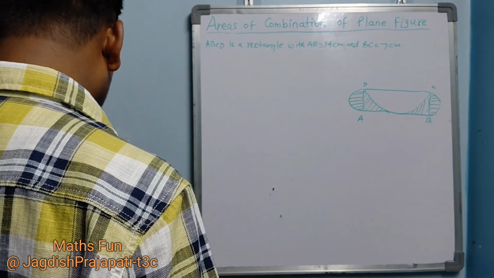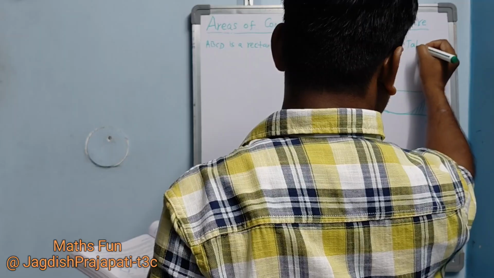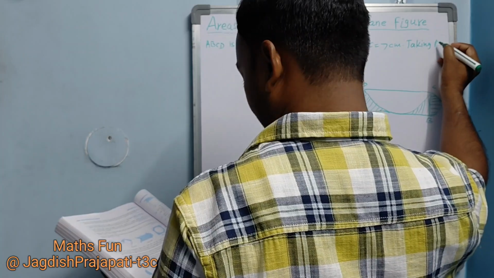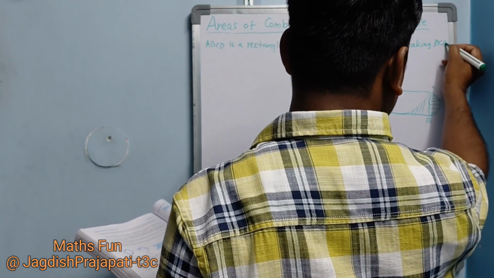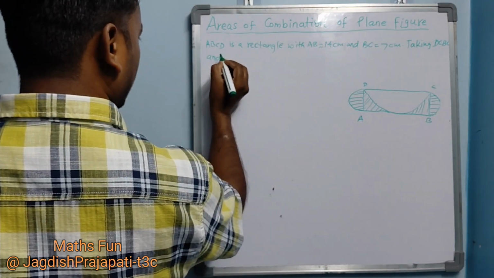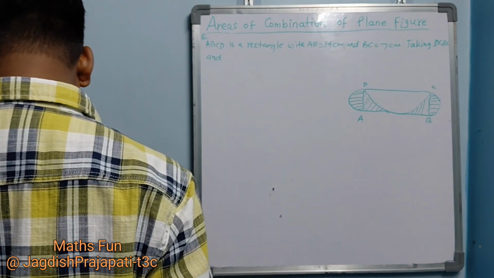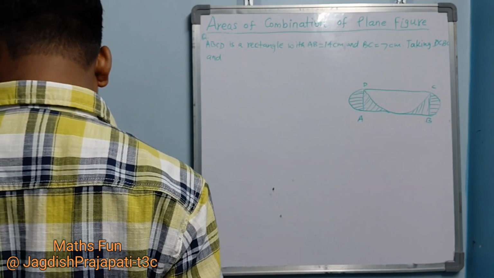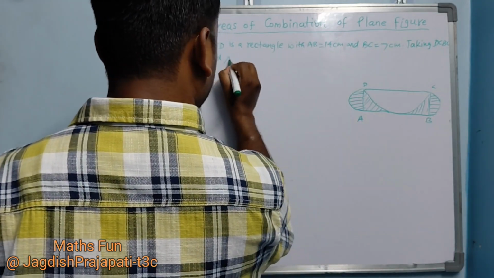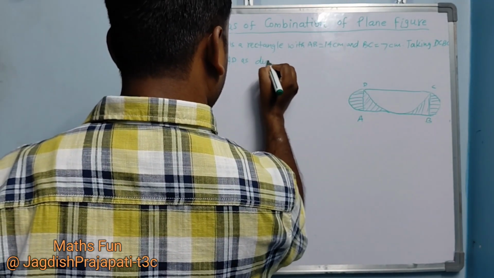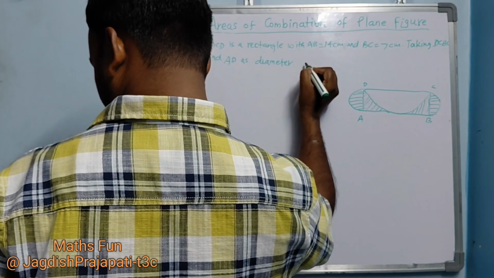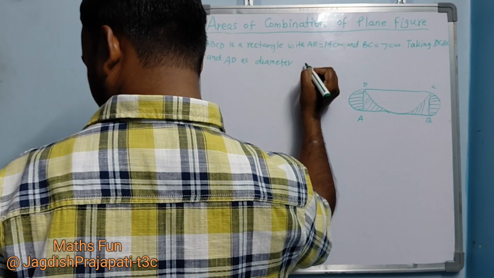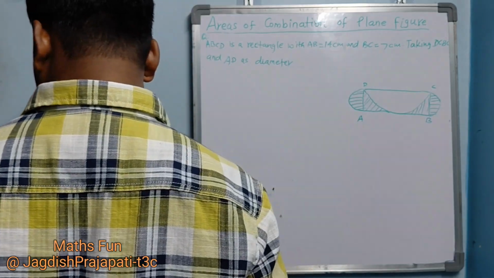Taking DC, BC and AD as diameters, three semicircles are drawn as shown in figure.